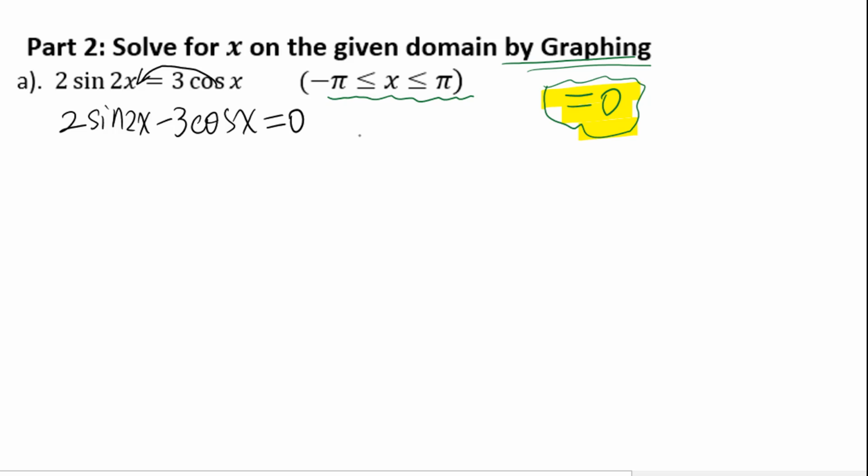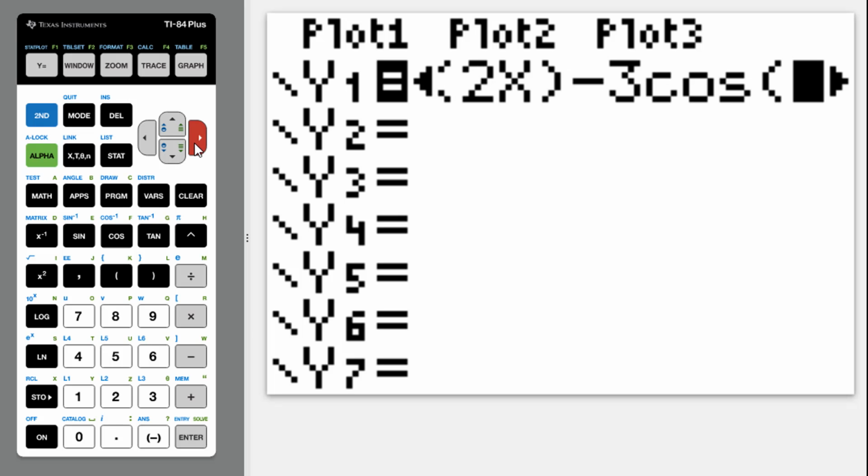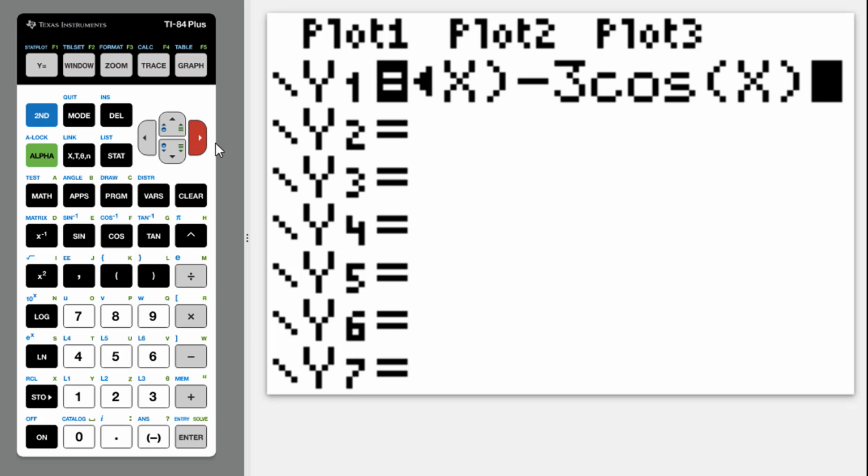In the graphing calculator, you will put y1 equals 2 sine 2x minus 3 cosine x. This domain is very useful for you to set up the window in the graphing calculator. Let's go to y equals. We put 2 sine 2x minus 3 cosine x into y1.